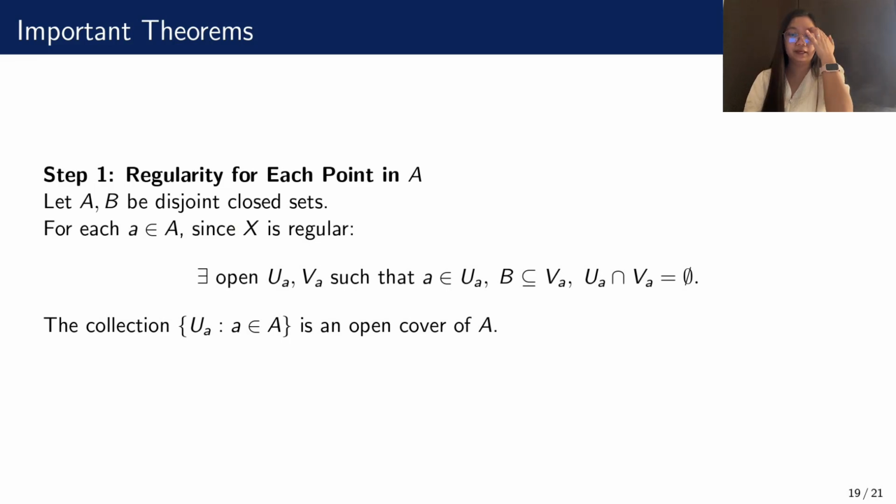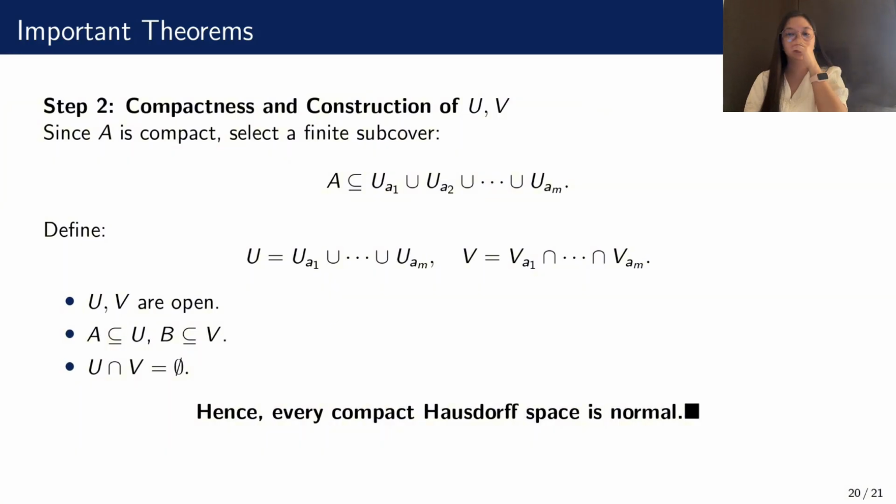Okay, and then step 2: compactness and construction of U and V. Since we know that A is compact, we select a finite subcover, so A is a subset of the union of U sub a sub 1 up to U sub a sub m.